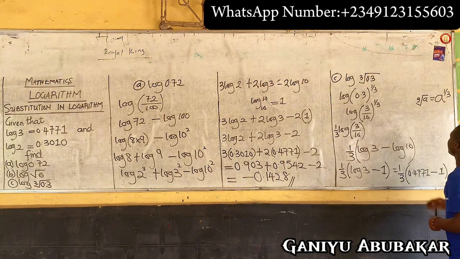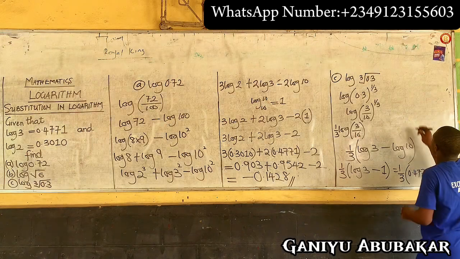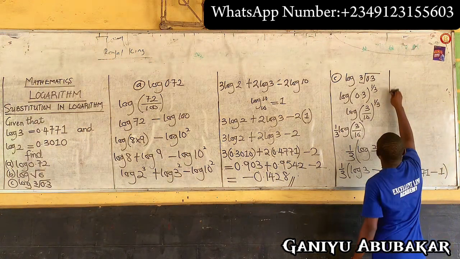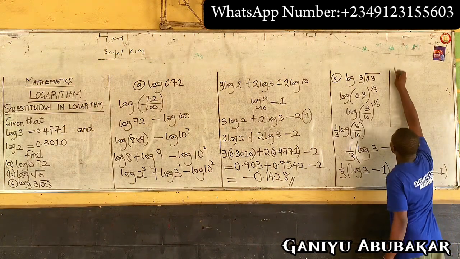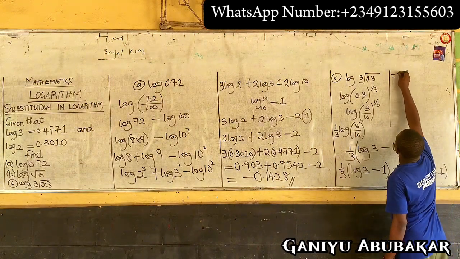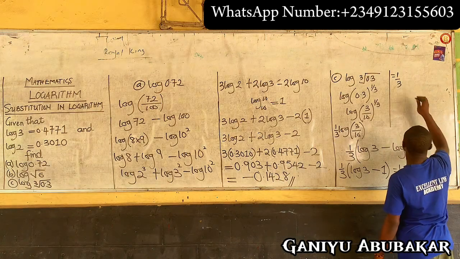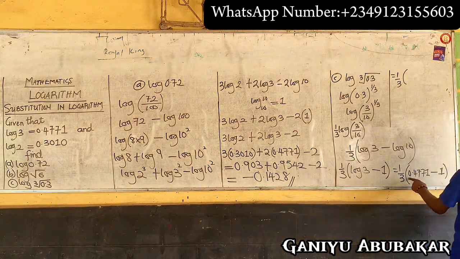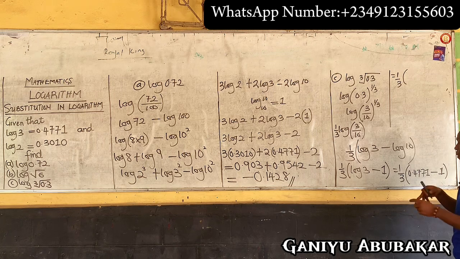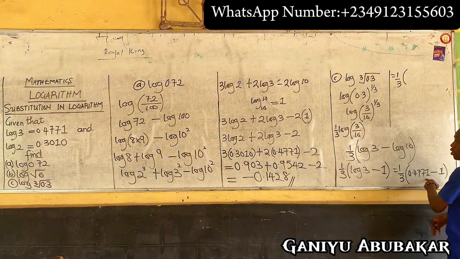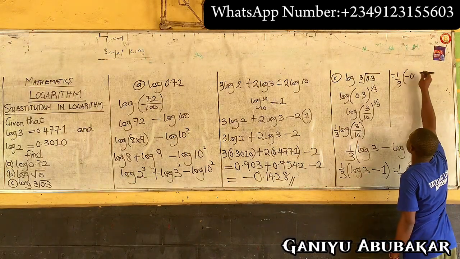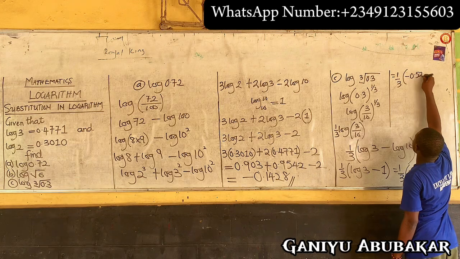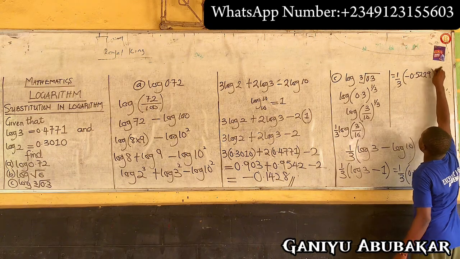What do I have as my answer? 0.4771 minus 1 is minus 0.5229.